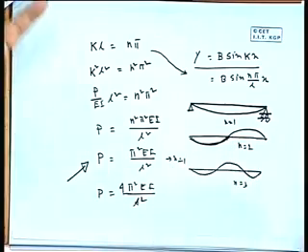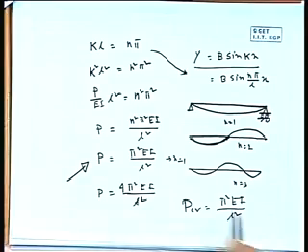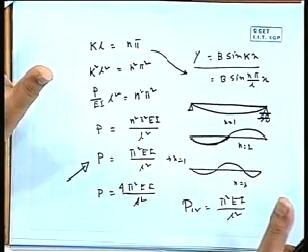So in any way, if you try to explain, you will get the value of the critical load. Sometimes this P we write as P critical, so you can write P critical equal to pi square EI by L square. Now if there is no resistance, it undergoes a failure mode according to the fundamental mode.